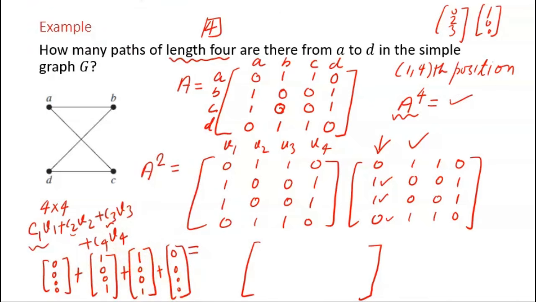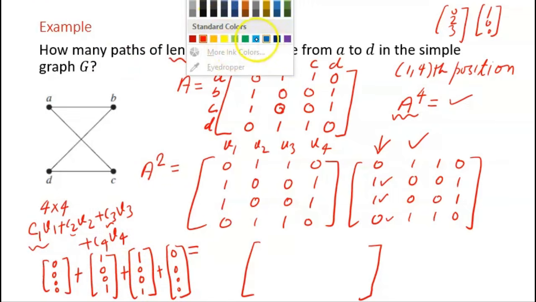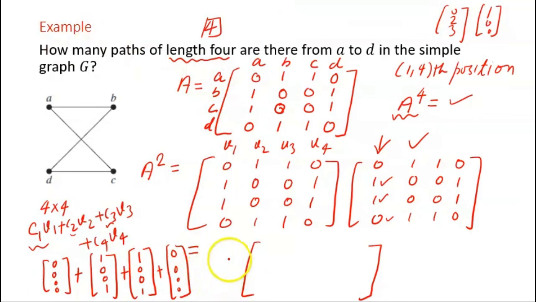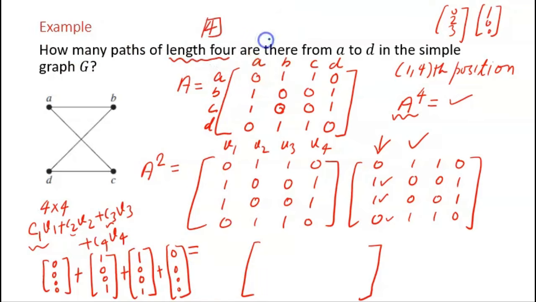I don't have much space here, so I am trying to squeeze things in between. Let me change the color so that you don't get confused. Okay, so what we got here is the sum of these 4 vectors.